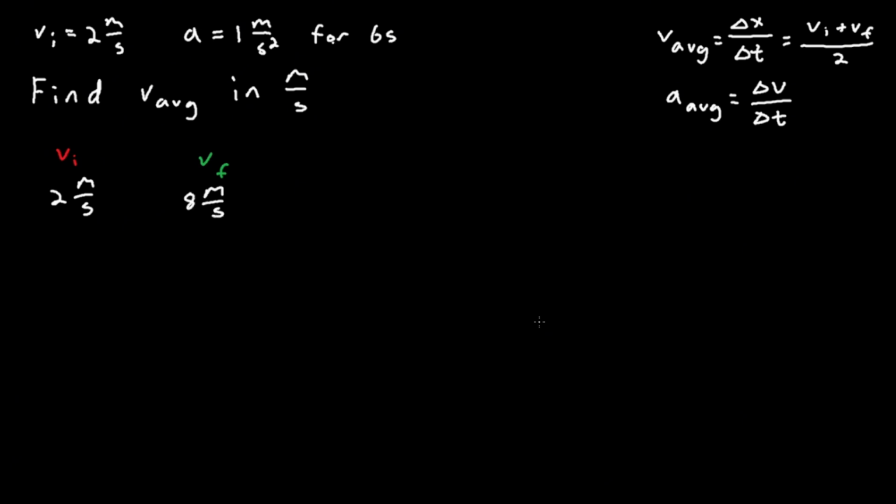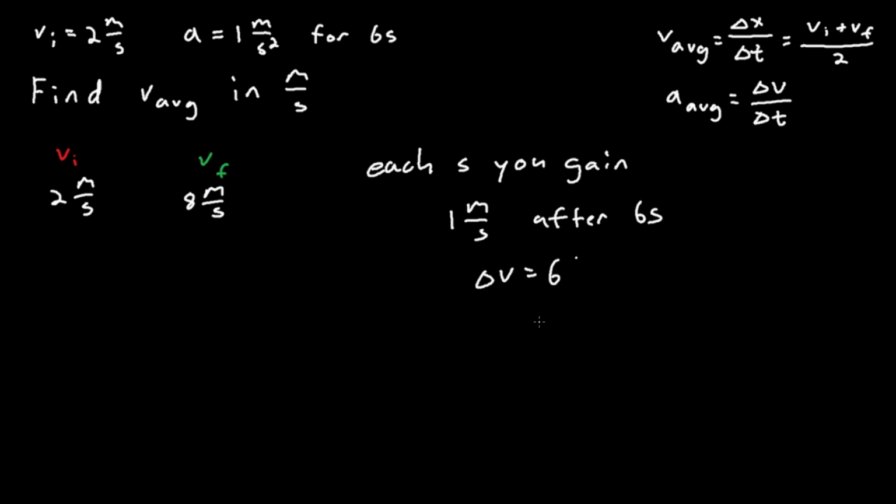Well, after 6 seconds of constant acceleration of 1 meter per second squared, you have gained, so each second, you gain 1 meter per second in your velocity. So if 6 seconds has passed and each second you gain 1 meter per second, given by the definition of the acceleration, after 6 seconds, well, your change in velocity is 6 meters per second.